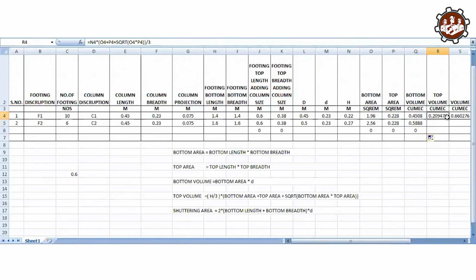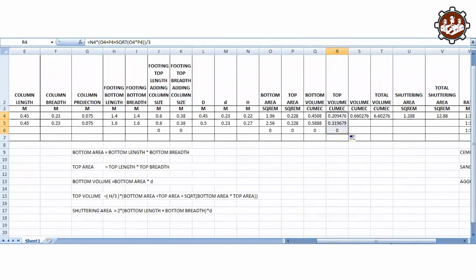We are already applying the standard formula, we just drag and we get the quantity. This is the total volume.